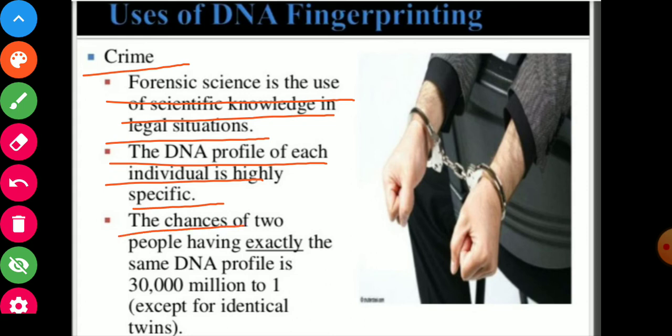The chance of two people having exactly the same DNA profile is only one in thirty thousand million, except for identical twins. But others have different DNA patterns.